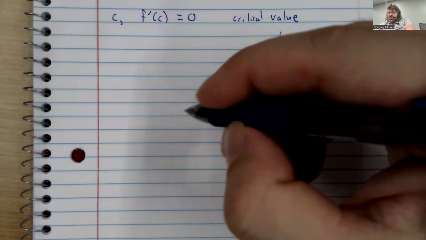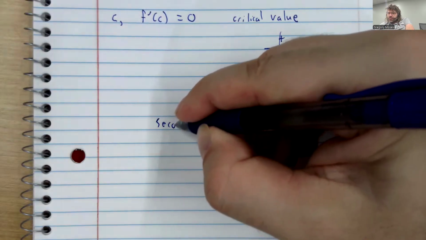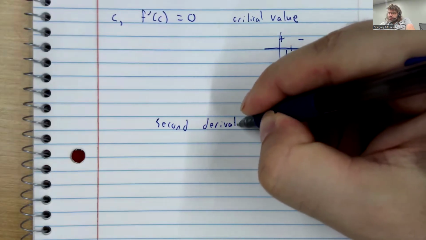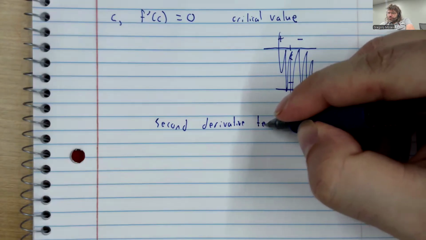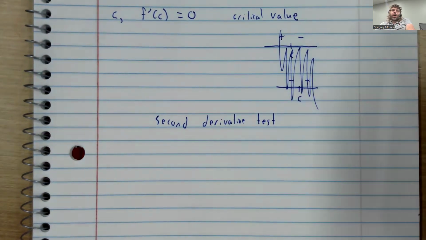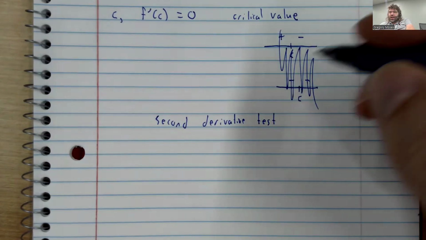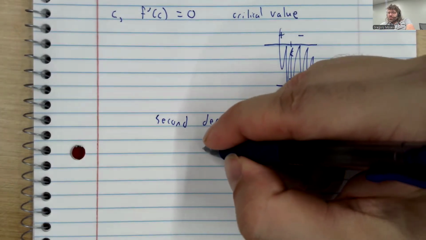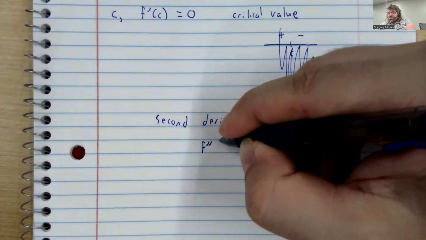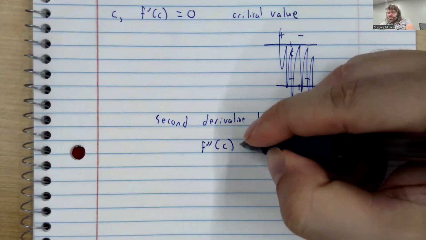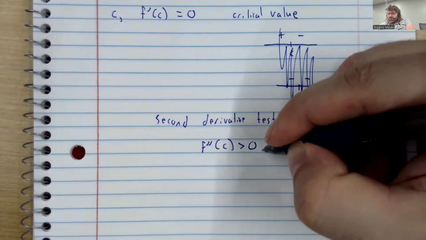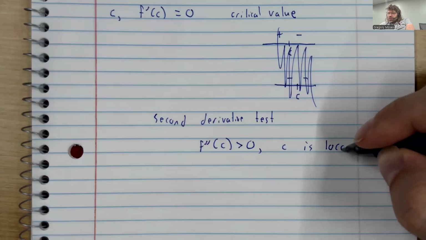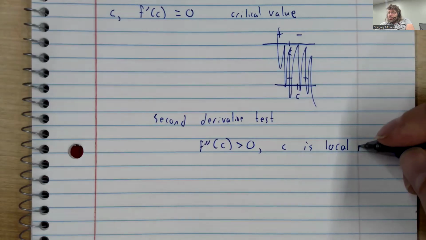The second derivative test gives us another method of classifying C using the second derivative. It is aptly named. If the second derivative at C is positive, C is a local min.